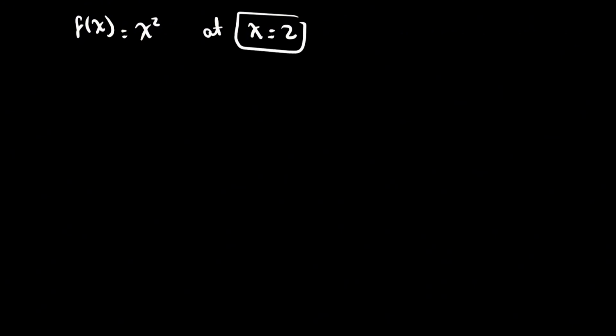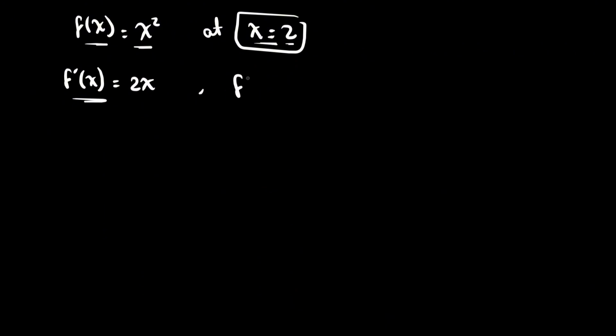All right, so let's see this. You have a function f of x equals x squared, and we wish to find the slope of the tangent line at x equals 2. So you know the derivative of this function. You know that f prime of x for x squared is 2x. So how to get the slope of the tangent line at x equals 2? Firstly, we need to evaluate this f prime of x with this number.